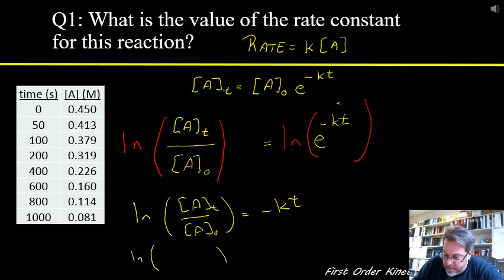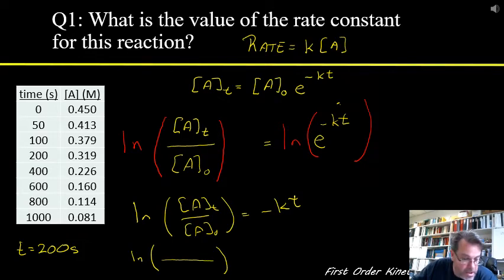The concentration of A at time t can be anything, right? We have a whole table here. We've got the concentration at 50 seconds, 100, 200, 400, 600, 800, 1,000. You could choose any of those. When I did this, I chose 200, so let's just pick 200. Maybe you can guess what I'm going to tell you in a little while.